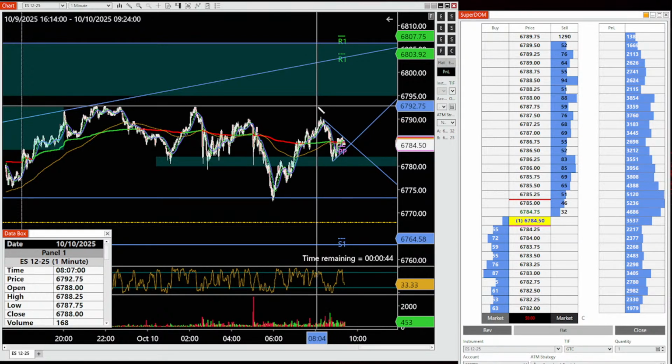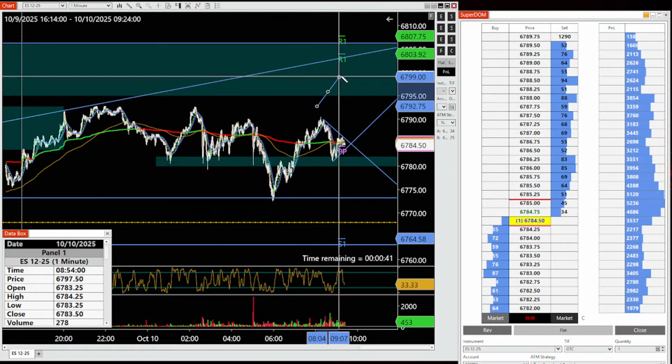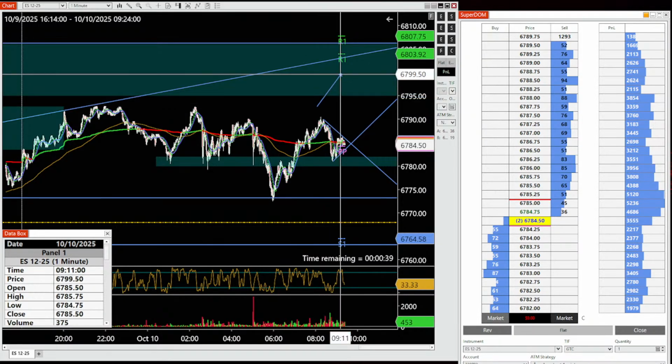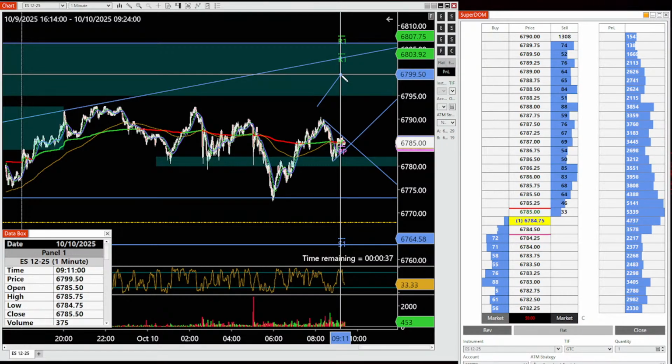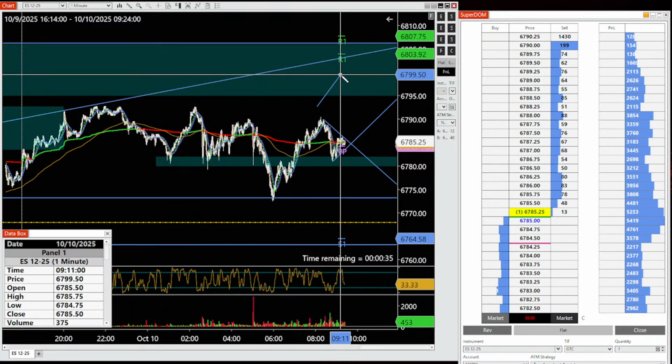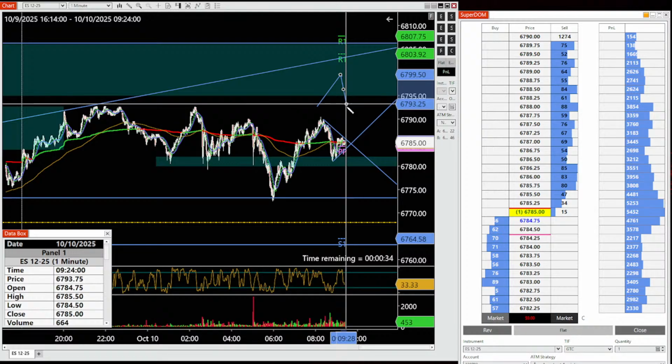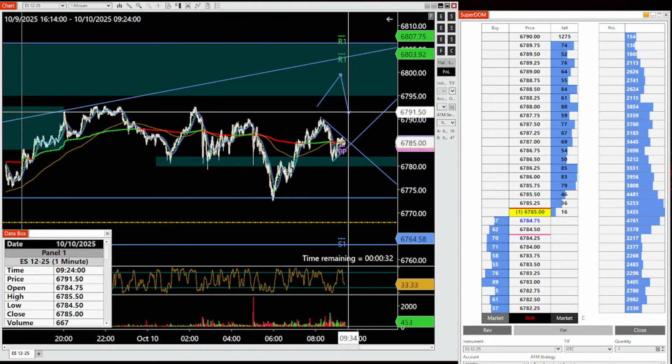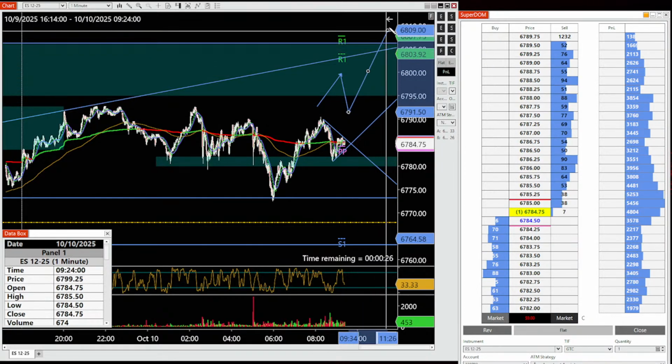Might go higher from here and then come back down in. Not exactly like this, but and then possibly go up.